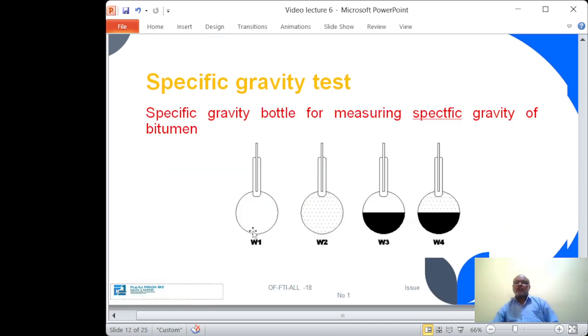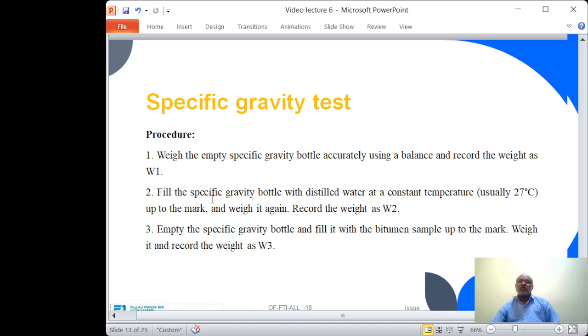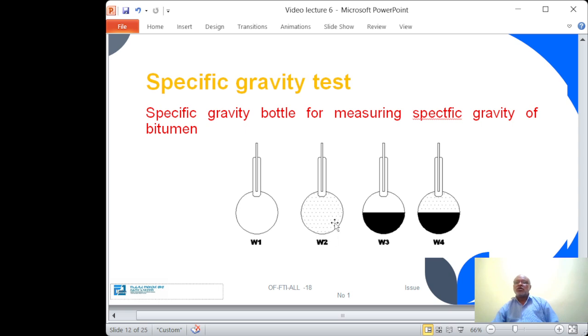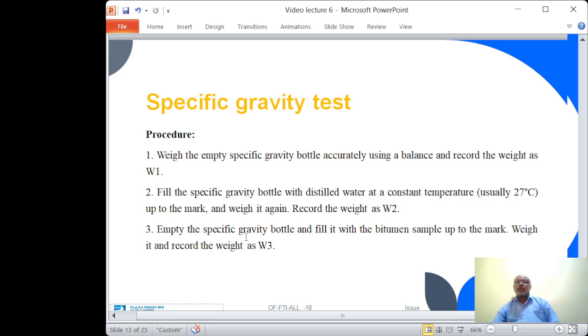This is W1. Second, fill the specific gravity bottle with distilled water at a constant temperature, usually 27 degrees centigrade, up to the mark, and weigh it again, recording the weight as W2. This is W2 after we fill with distilled water.